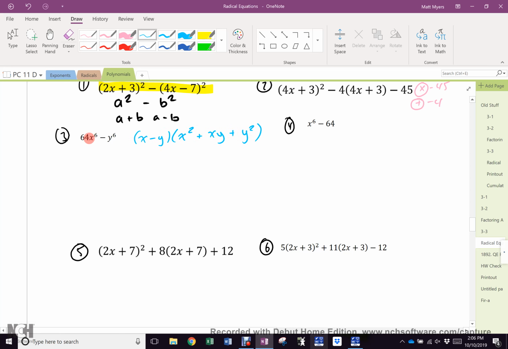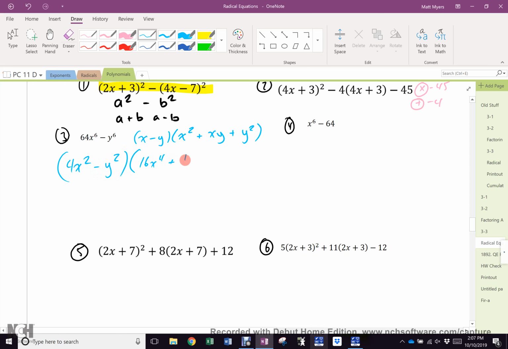So she went here and she said, "I know what the cubed root of 64x to the sixth is. It's 4x squared." Then she said, "I know what the cubed root of y to the sixth is. It's y squared." And then she said, "Oh, I got to take x and square it." Well, x is 4x squared, so that's 16x to the fourth.